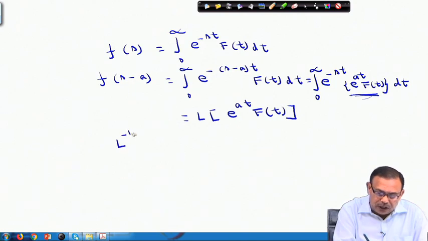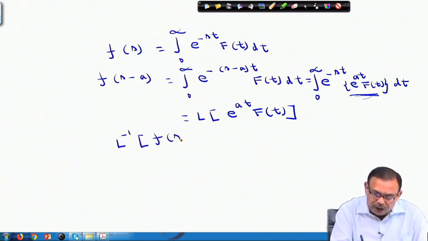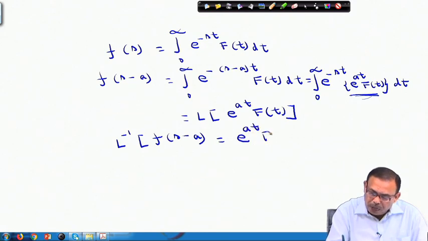Therefore, I can say that Laplace inverse of F(s minus a) equals e power a t into f(t).